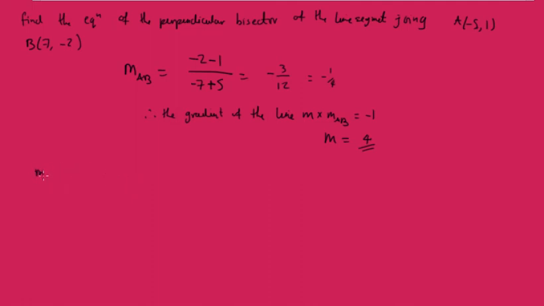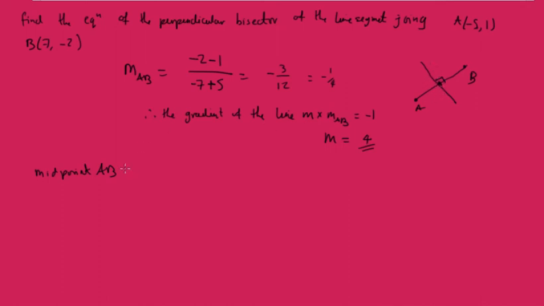Now we need the midpoint. The midpoint of AB will give us a coordinate on our line. So if you think AB's here, here's the midpoint, and the line that we're looking to get the equation for is going to cut through the segment at right angles.